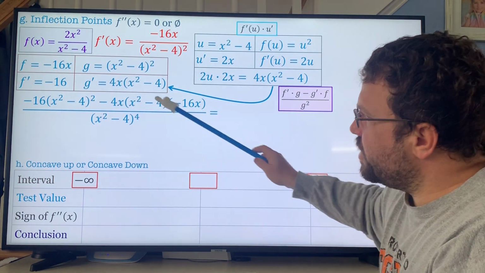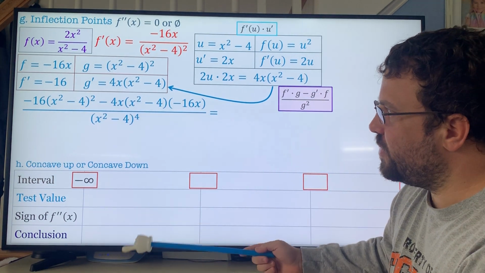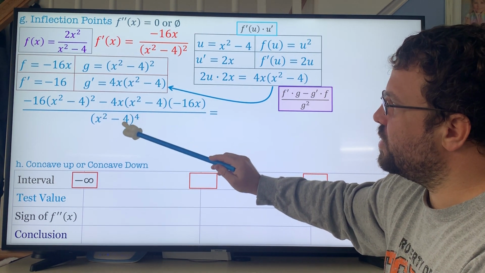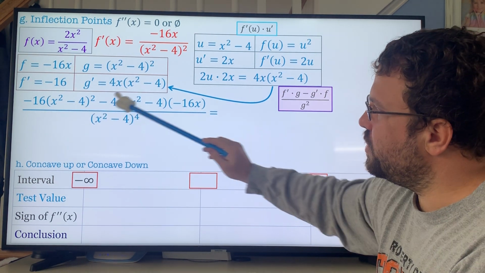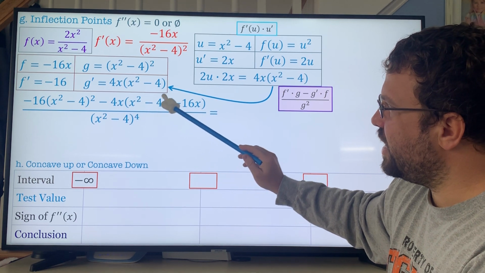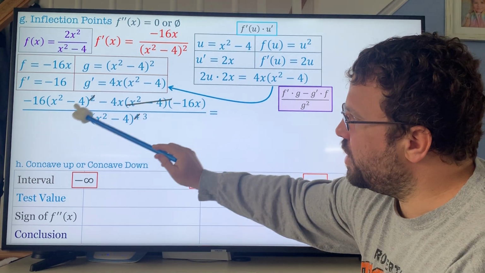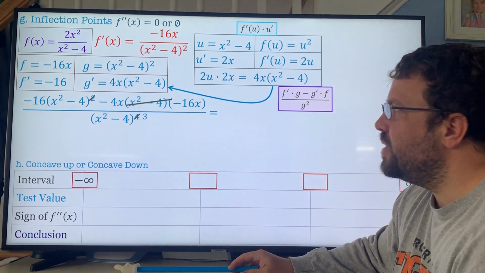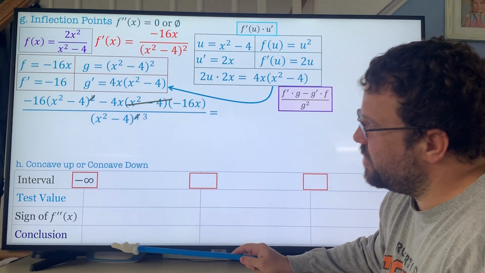Now, instead of foiling all this and expanding and simplifying that way, look what you could do. You have x squared minus 4, x squared minus 4, x squared minus 4, right? I have 2, I have 1, I have 4. So I could take out at least this one. I could take out one of these two, leaving me with 1. And I could take out one of these 3, leaving me with 3. This will make all the expansions easier later on.